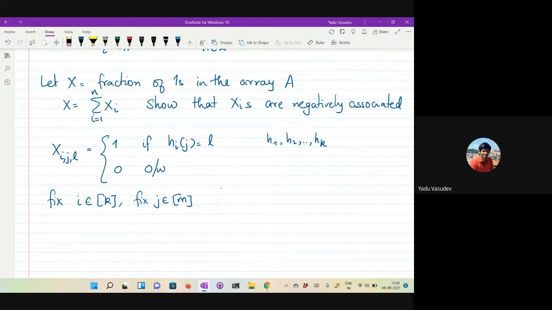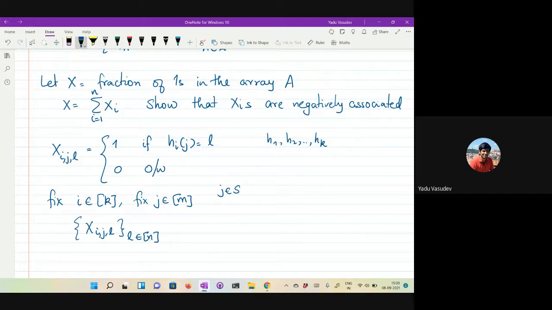So j is an element of the set S. Let's fix i and j. Let's look at the set of random variables x i comma j comma l, where l is some index from 1 to n.